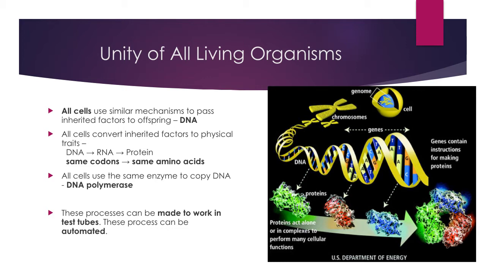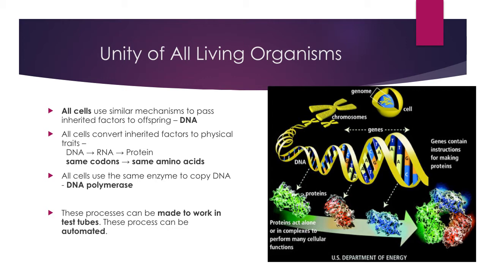All cells use the DNA to make a copy in RNA, and then that RNA is a message that's taken to a ribosome, and using transfer RNA, it's made into a protein. All cells use the same genetic code. The same three bases are converted into the same amino acid.